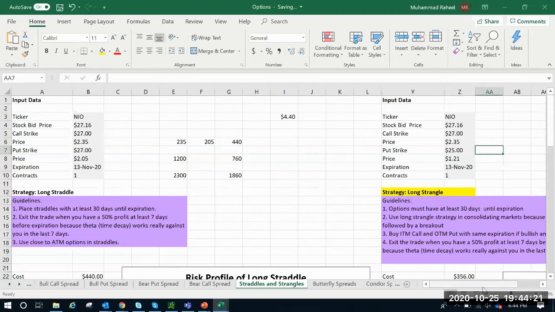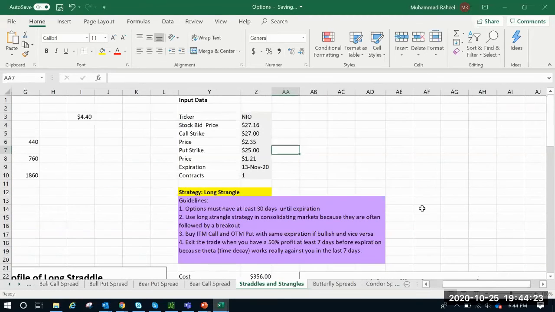But I think strangles are better, just because if I am bullish on something, I will protect with a deep out of the money put option like 25 or 23 even, and give myself a chance on that 27. So if I had made that 25 to 23, my cost would even go down.